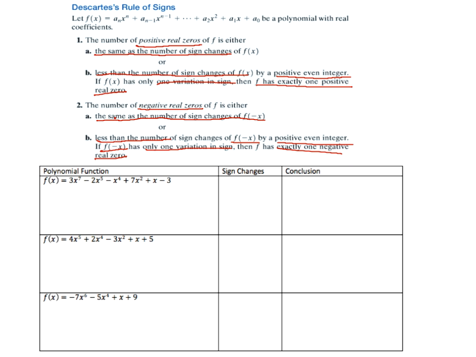So we're going to fill in this chart. I'll do the positive sign changes in blue here. You can see this first polynomial here is in standard form, so you're trying to look for sign changes between the terms. We start out with a positive, and we end up at a negative.